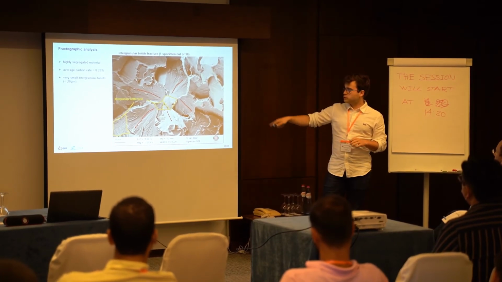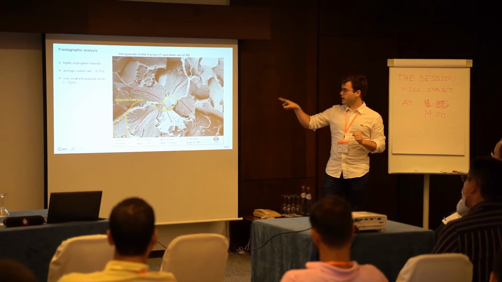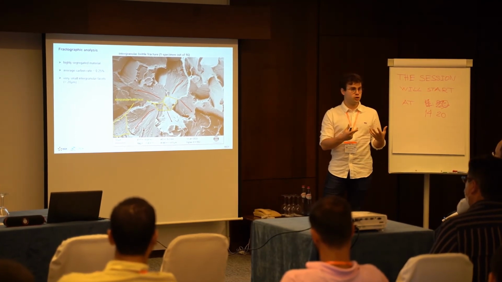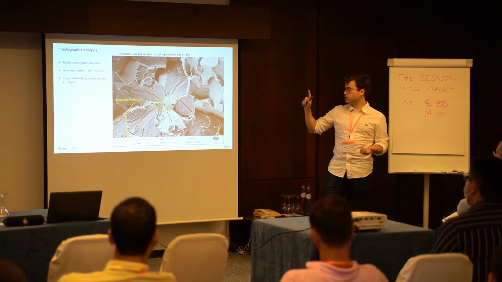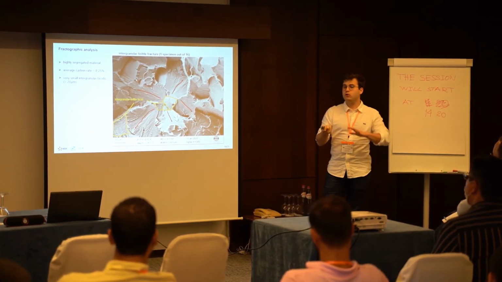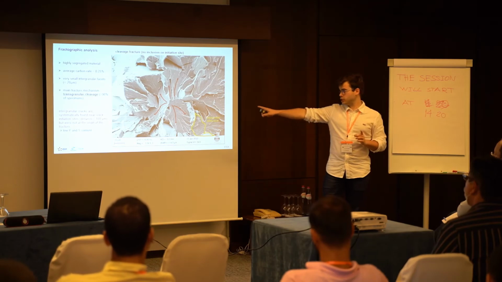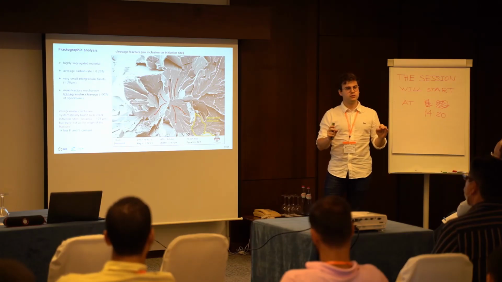The red arrows show the propagation of cleavage fracture, and at the center is the crack initiation site, where you can see intergranular brittle facets. However, for all the other samples, the main fracture mechanism, even at the crack initiation site, is transgranular cleavage.